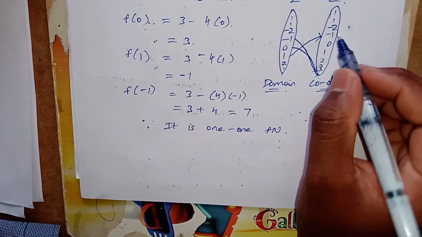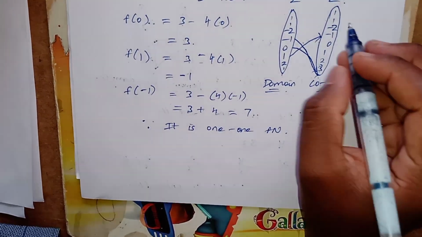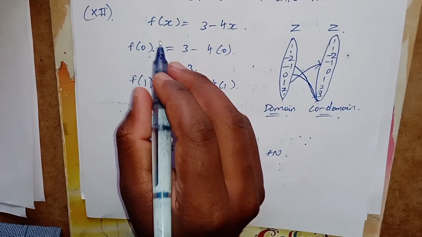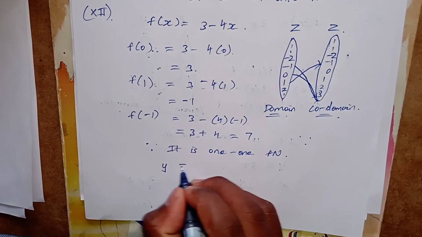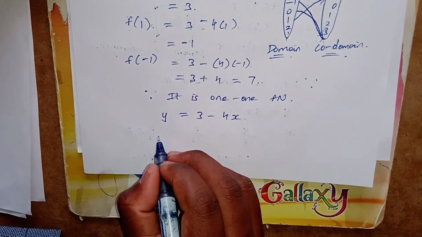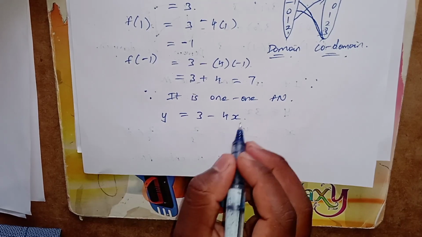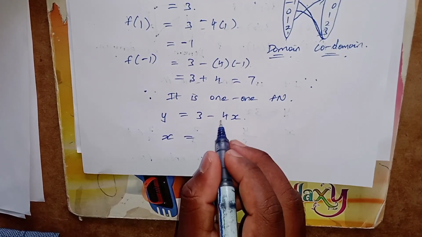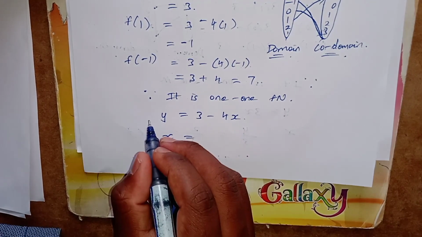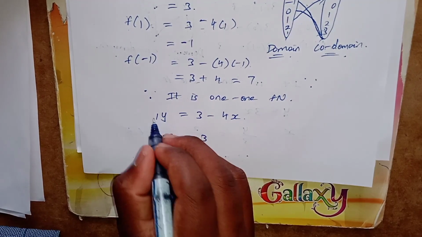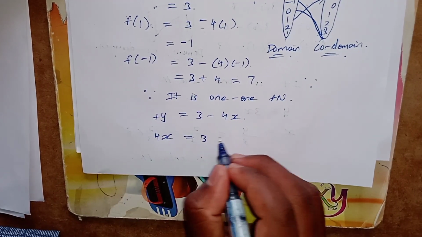I am taking f of x given function equal to y, 3 minus 4x. Next, I need only the x term. Therefore, minus 4x comes to this side, here plus 4x, and 3 plus y comes to this side minus y.